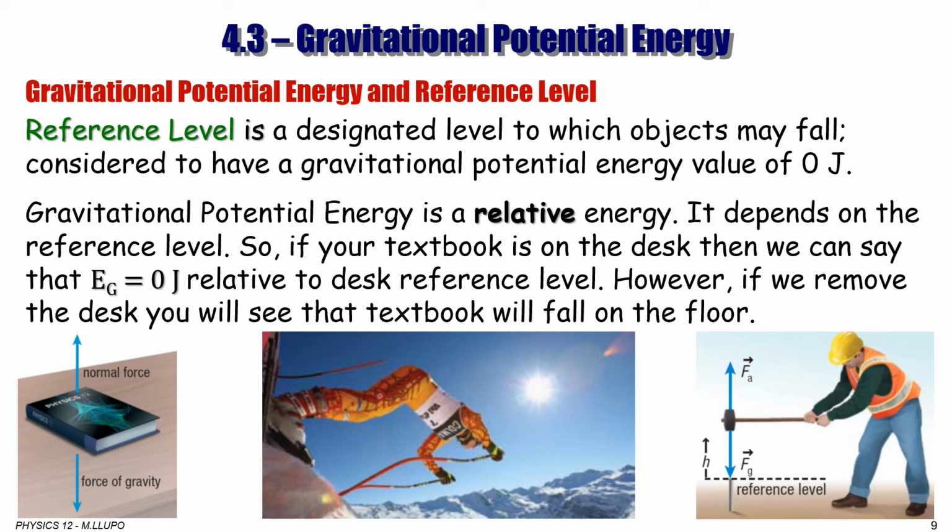Same thing for the hammer on the lower right diagram. The hammer is going to hit the nail, and that gravitational potential energy is going to be applied to the nail. And that is going to be the lowest potential energy at the reference level.